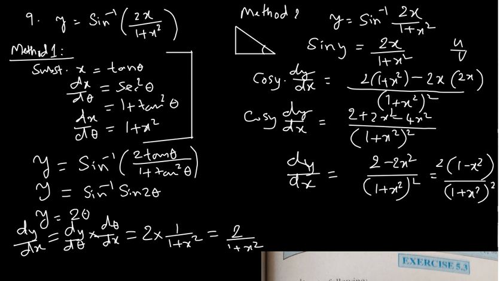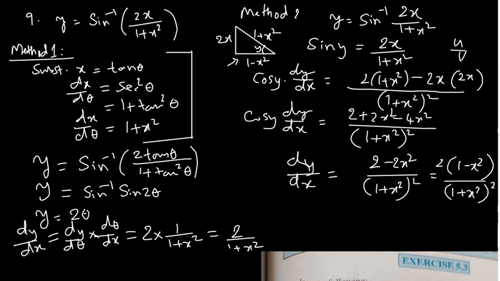Sin y means opposite side, which we'll take as 2x, divided by hypotenuse, which we'll take as 1 plus x squared. So using Pythagoras, when we solve it, you will get the adjacent side as 1 minus x squared. So cos y is nothing but 1 minus x squared by 1 plus x squared.